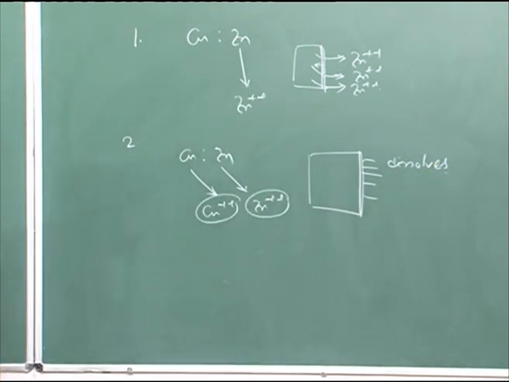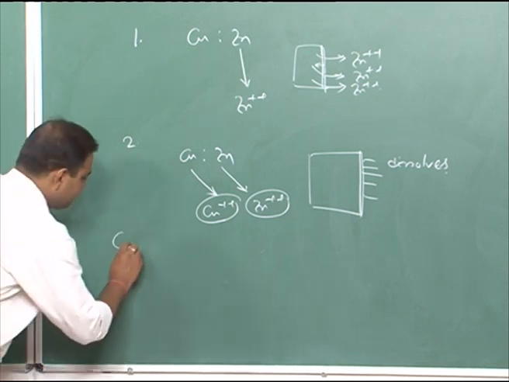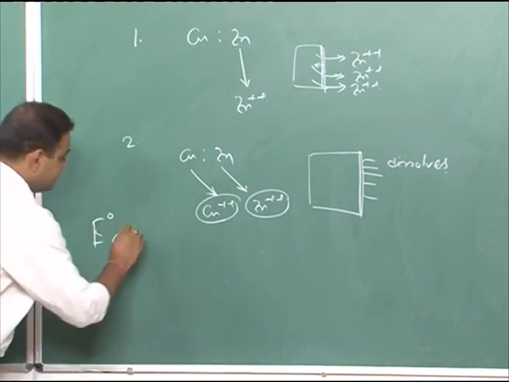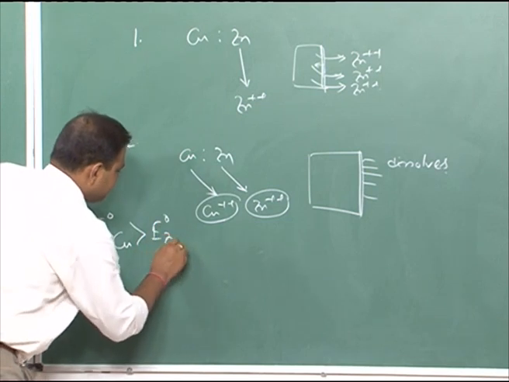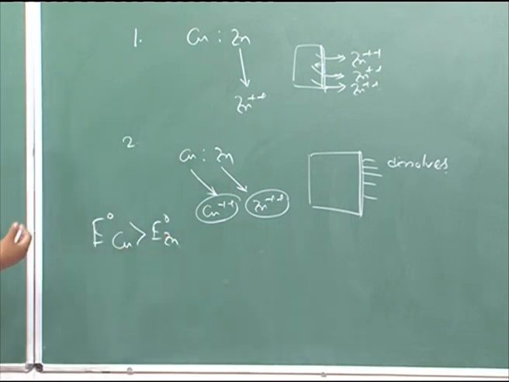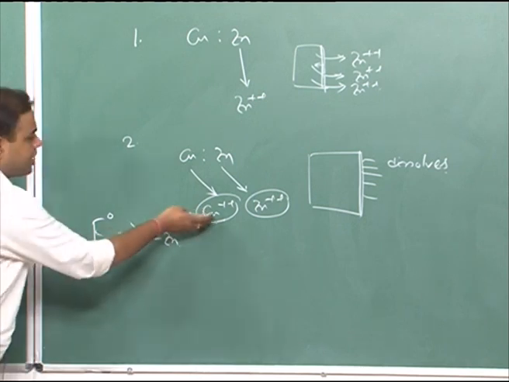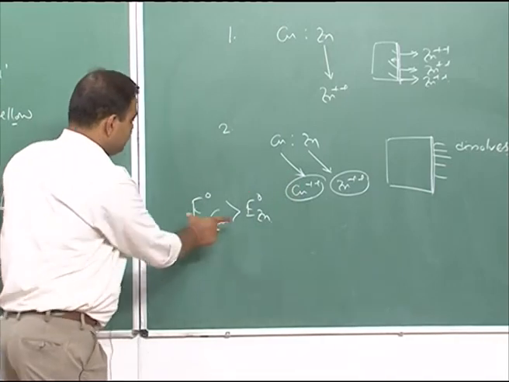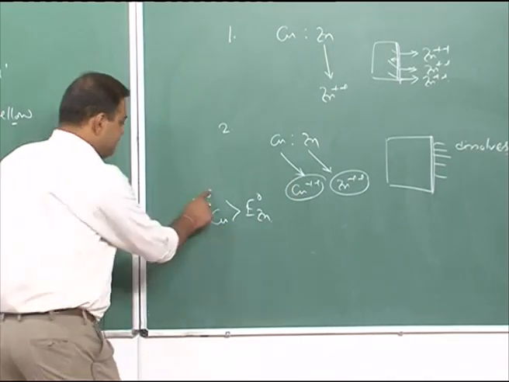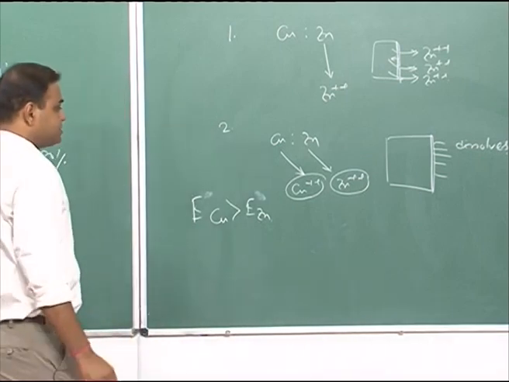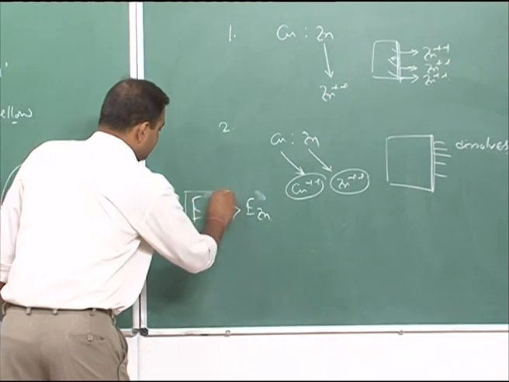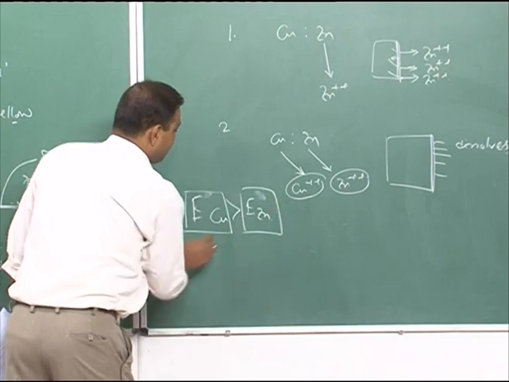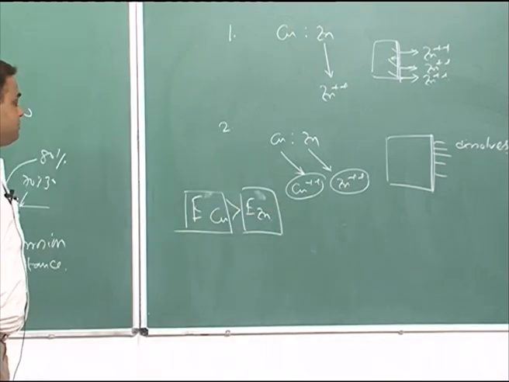Now, once in the solution you have zinc ion and copper ion, since copper has higher reduction potential. E0 of copper is greater than E0 of zinc, and if you compare the reduction potential of copper ion to copper and zinc ion to zinc, even if you do not consider the standard reduction potential in the solution, the reduction potential of copper would always be greater than that of zinc.